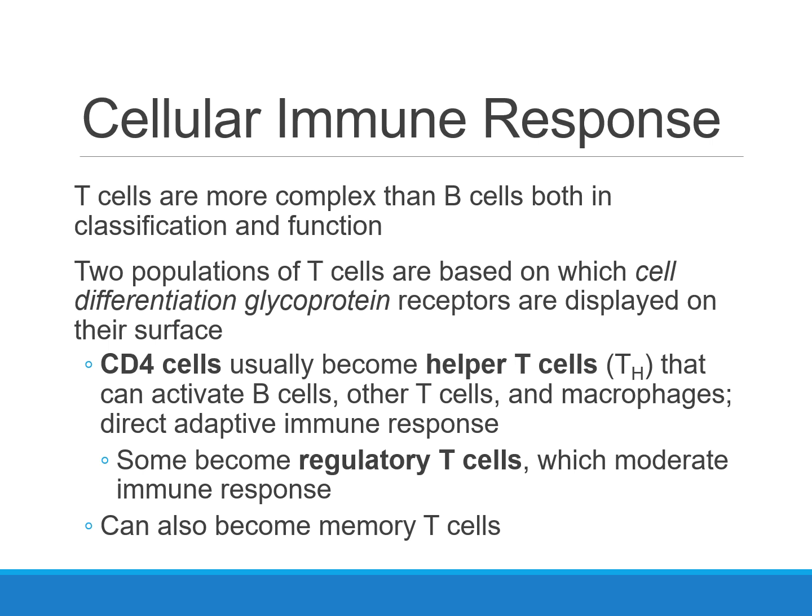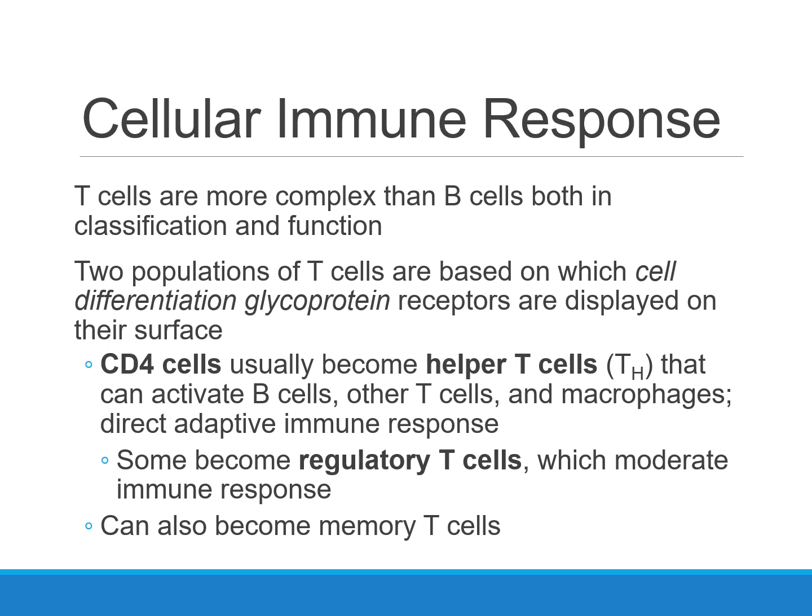There are two populations of T cells that are based on which cell differentiation glycoprotein receptors they have on their cell surface. So one group is called CD4 cells. These usually become helper T cells. They can activate B cells, other T cells, macrophages, and they can be involved in a direct adaptive immune response.